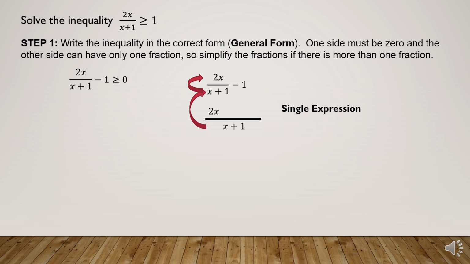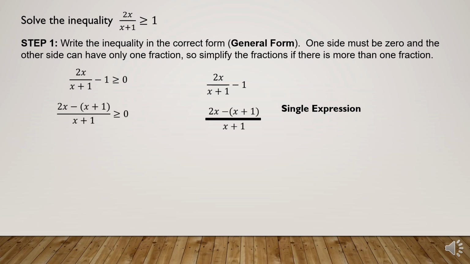Then, for the constant term, there is no denominator, or it is understood that the denominator is 1, so we can directly multiply x plus 1, the LCD, to the constant term. So we have x plus 1 times negative 1, the result is negative times x plus 1.